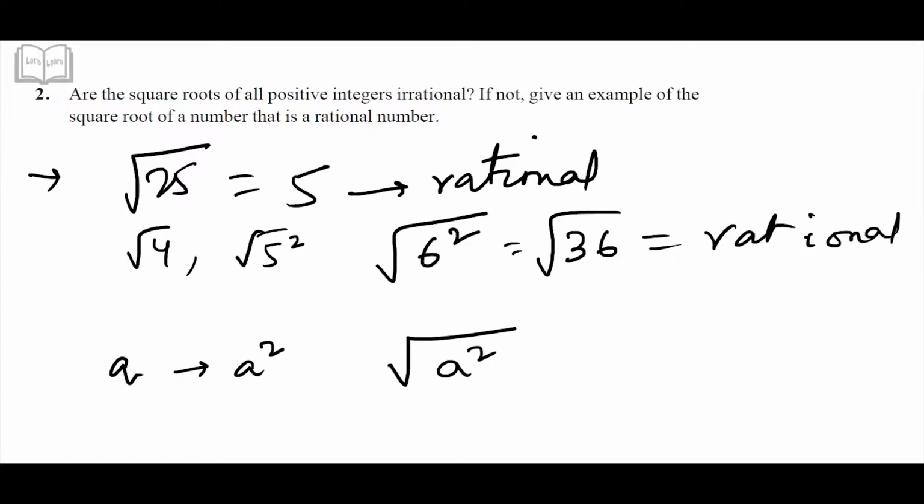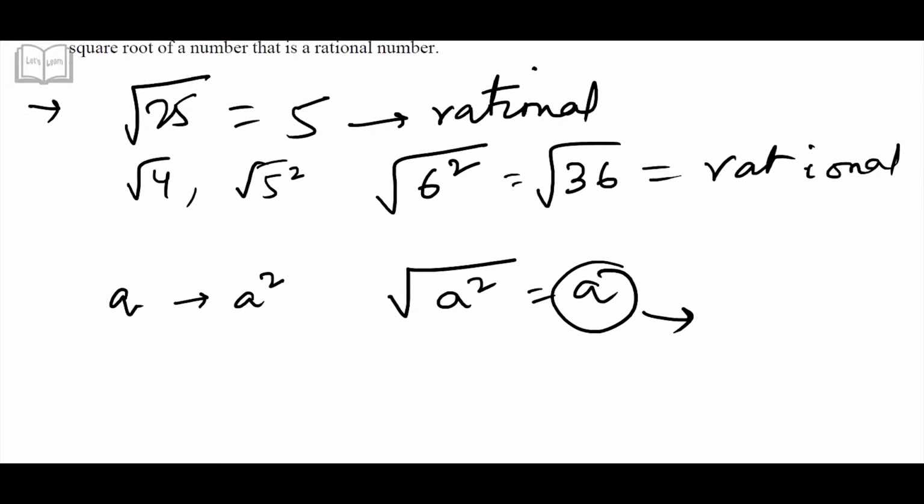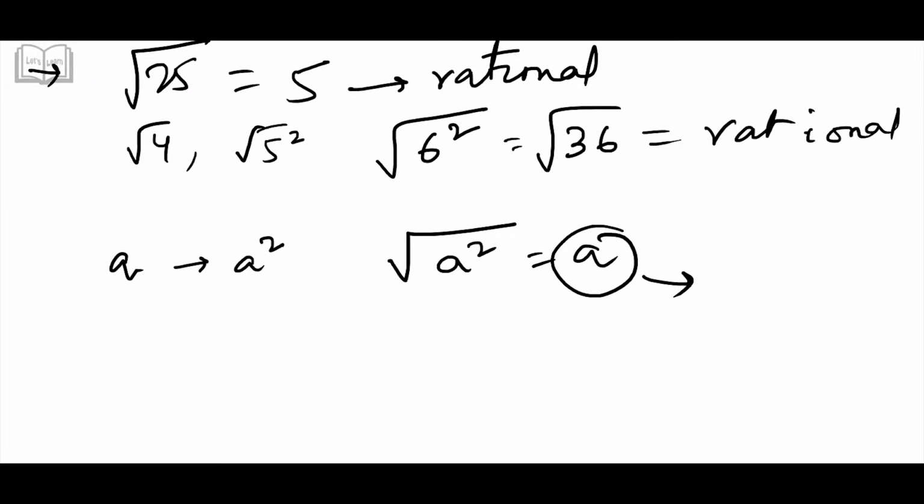So that is already a rational number. So this is an example to show that the root of positive numbers need not be irrational. It could be rational. And there are a lot of numbers where the root of that number is irrational. For example, root 2 is an irrational number. It is like 1.414 and so on.